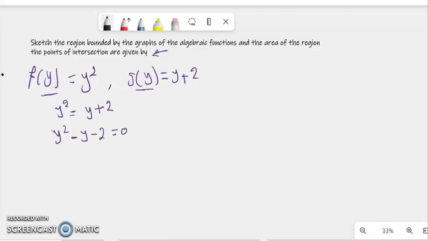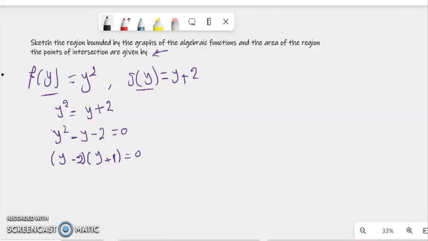And then we have to factor this. What two numbers multiply to give minus 2 and subtract to give minus 1? The two numbers are 2 and 1, so let's try both signs, plus 1 and negative 2, and then let's examine this.